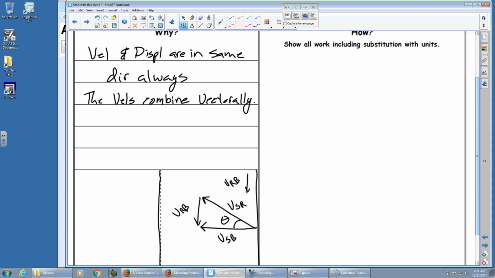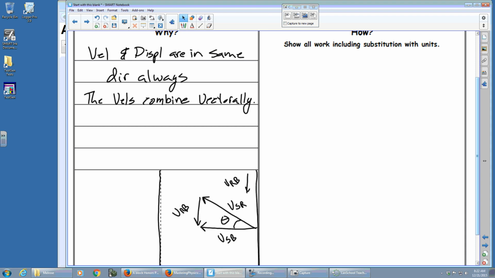And that's shown by the diagram here. So if his velocity ends up being directly across the river, his displacement will end up directly across the river.